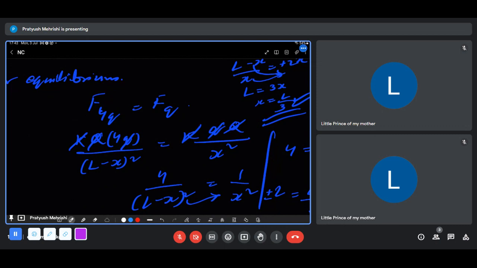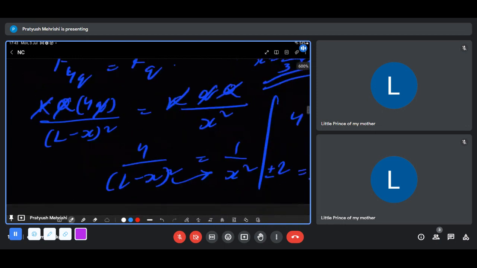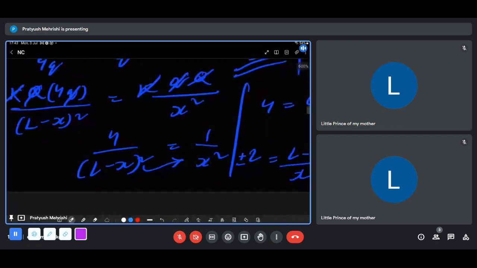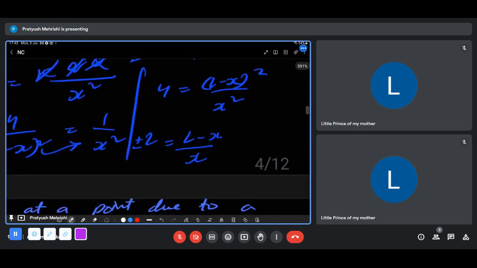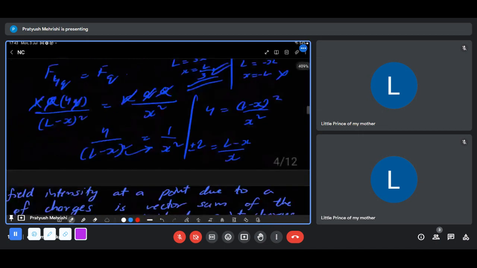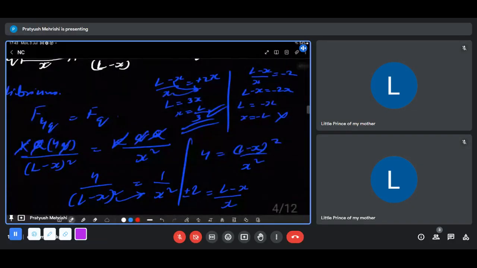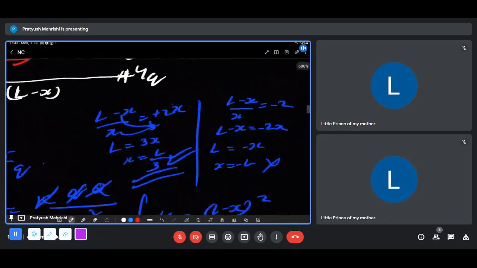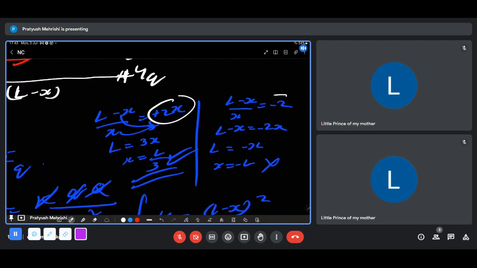Getting it? Everything else will cancel out. What I am getting here? 4 upon L minus x whole square equals 1 by x square. From here we are getting L minus x upon x is plus minus 2. It means either L minus x is plus 2x or L minus x is minus 2x.